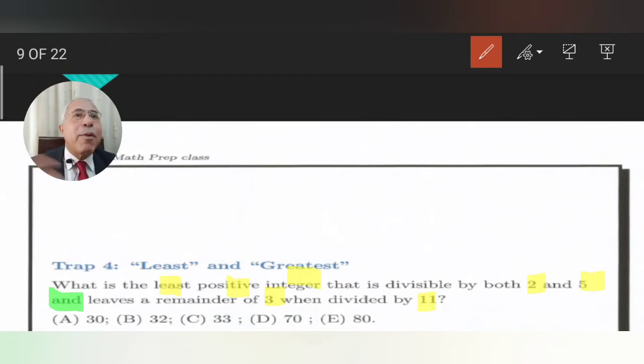That means any one of them could be correct. But here in this case, he needs the number because he told me "and." That means he needs a number that at the same time is divisible by 2 and 5 and also leaves 3 when divided by 11.